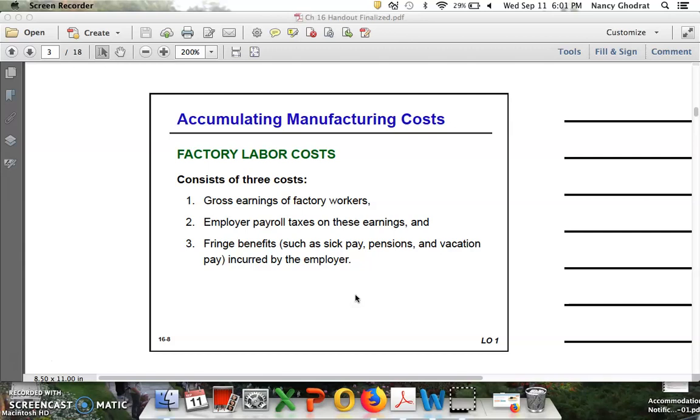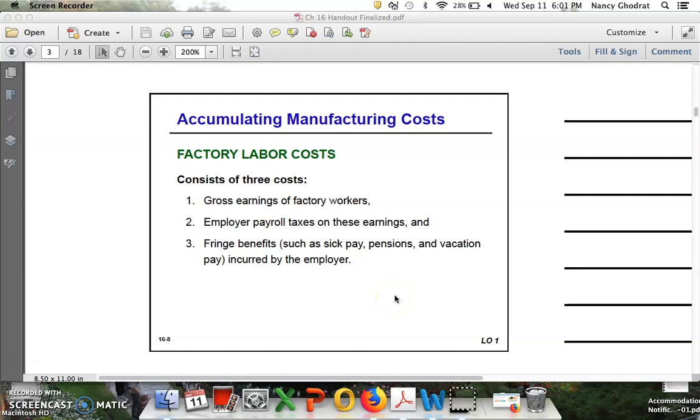Now, once we want to pay for our labor, the cost of labor actually includes a few different costs. First of all, it's their gross earnings. Let's say you pay your employees $20 an hour. That's their gross earning. On top of that, the employer has to pay out of its own funds money to cover the payroll taxes. What are those?